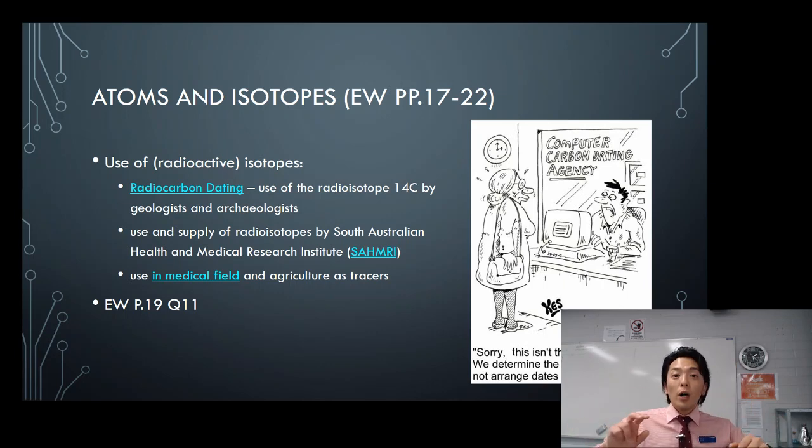You can then measure where the cancer cells are, or where a clot is in an artery, things like that. So it's used fairly often nowadays in the medical field and also in agriculture as a tracer of where things are stuck or where things are working.